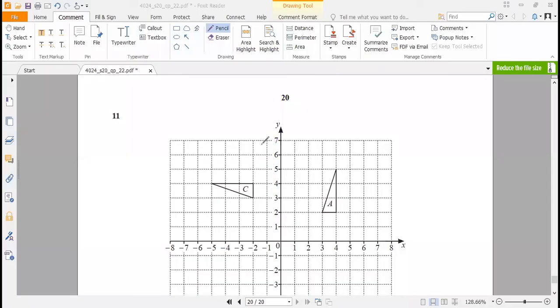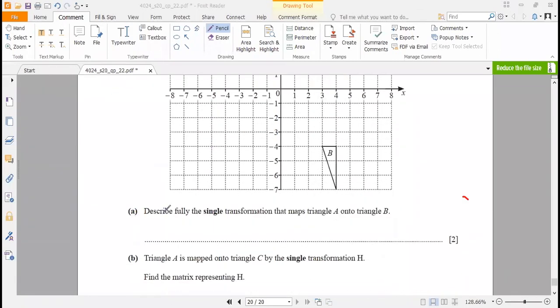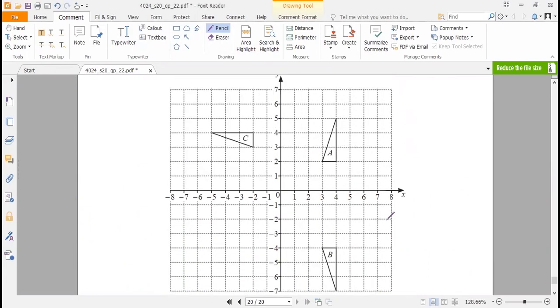Now come to number 11. Describe fully the single transformation that maps triangle A onto triangle B. This is triangle A and this is triangle B. It is quite clear that this triangle is mapped by a reflection.